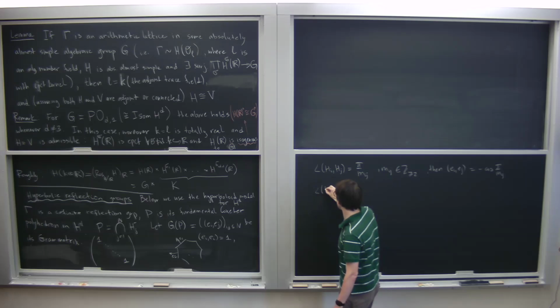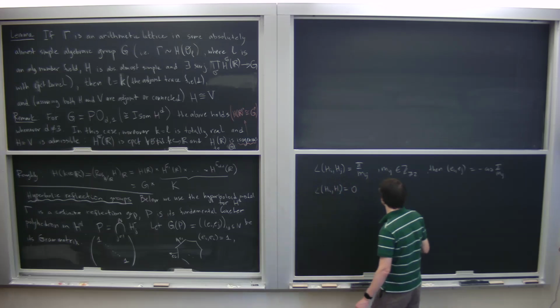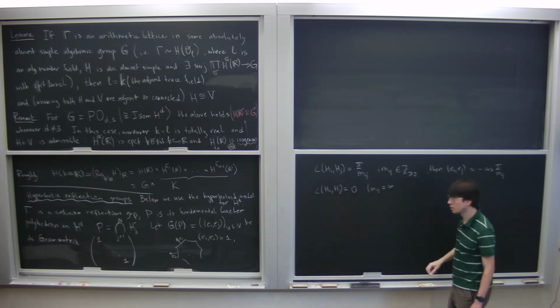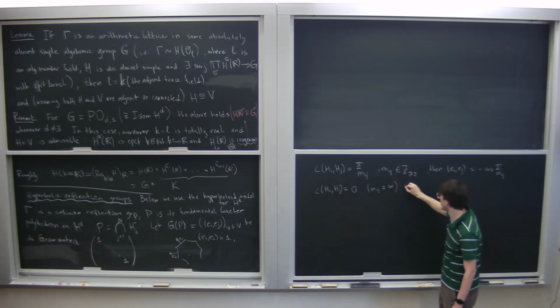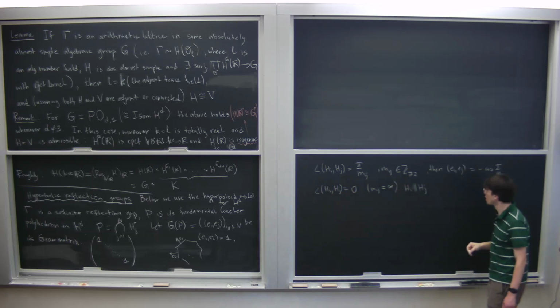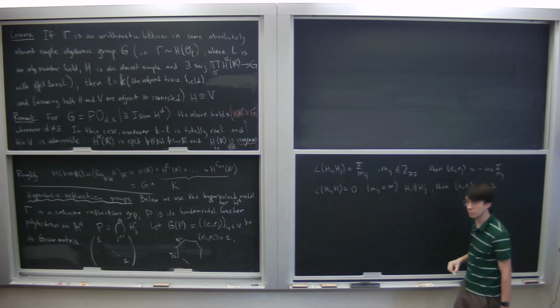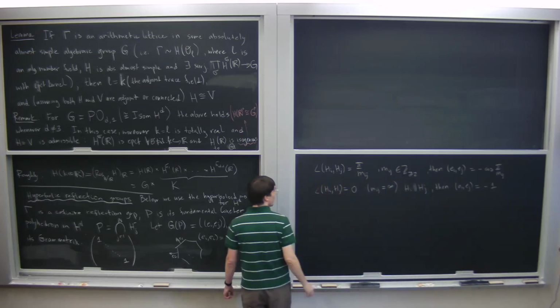If this angle is 0, which means that in fact m_ij can be viewed as infinity, which is equivalent to h_i being parallel to h_j, then the associated element is equal to just -1, right?